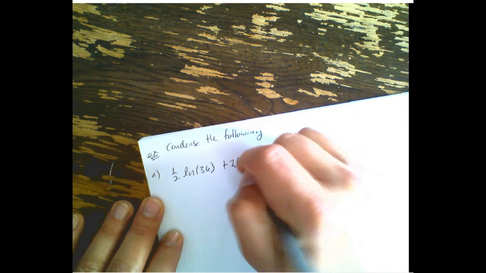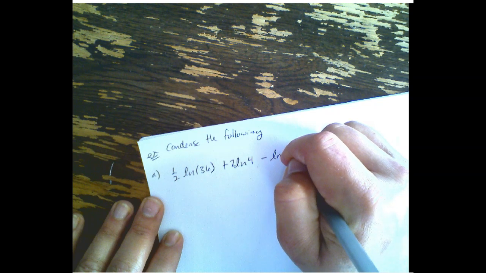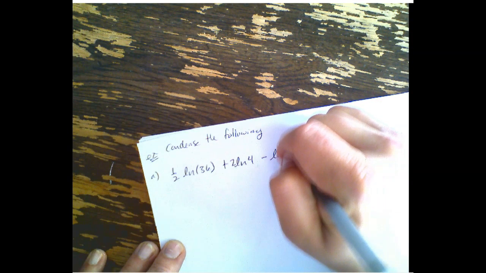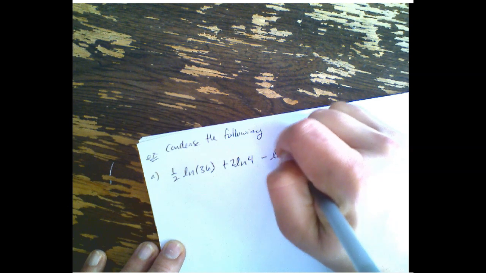Let's say 1/2 the natural log of 36 plus 2 times the natural log of 4 minus the natural log of, oh, excuse me, of 3. Let's do natural log of 3.